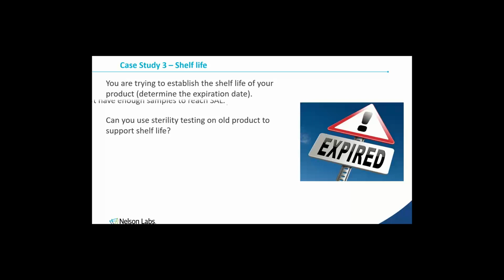Well, you won't be surprised by this answer, but you don't have enough samples to reach the desired SAL. So the way that you would do this is to perform a packaging validation. If you did your packaging validation originally with a shelf life of 1 year, and now it's been almost 2 years, and you've got some old products sitting on a warehouse shelf, you don't run a sterility test on those.